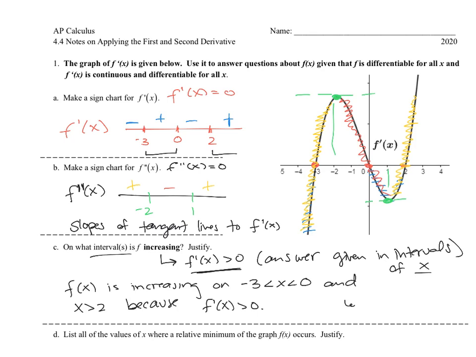Okay, so I need the what, that's the increasing, the where, that's the intervals, and the why, because f prime of x is positive. Okay?